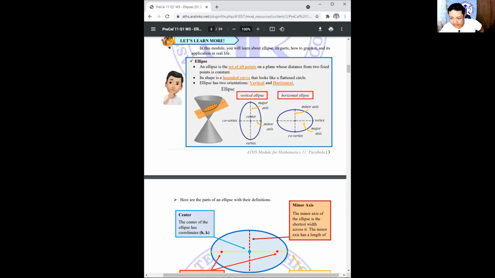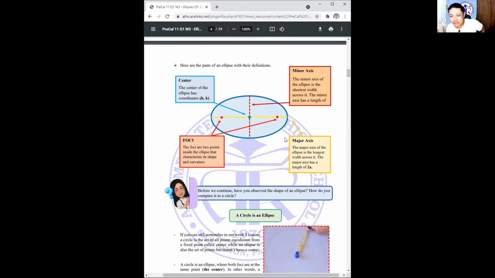We have the vertex and the covertex. Vertex are the endpoints of the major axis, and the covertices are the endpoints of the minor axis. Okay? Now, these are the parts. Please know them because we will be solving these parts later on as we move forward.